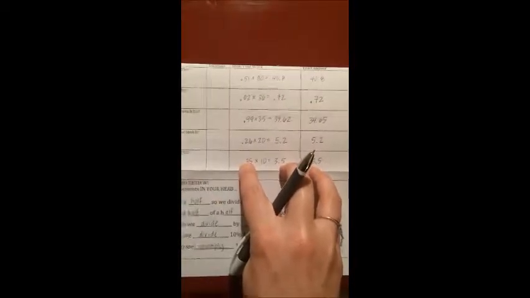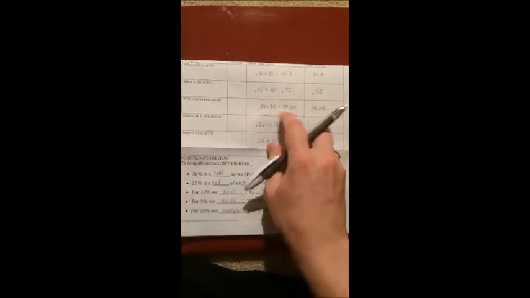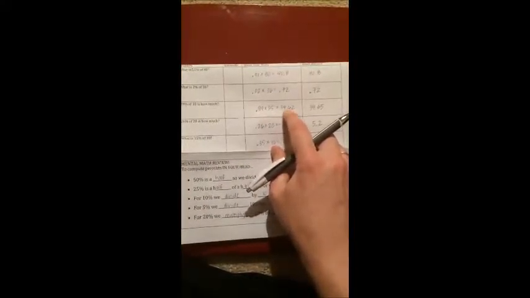Okay, so let's check our answers. See if you got the same thing I did. 0.72 for 2% of 36. 0.99 times 35, 99% of 35. 34.65. Oh wait, I made a mistake.